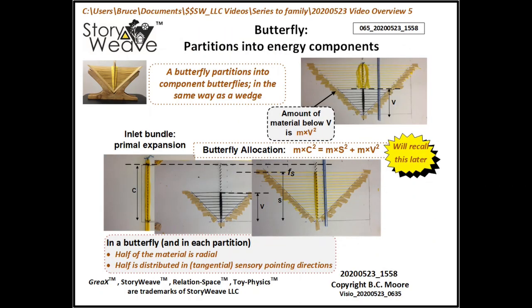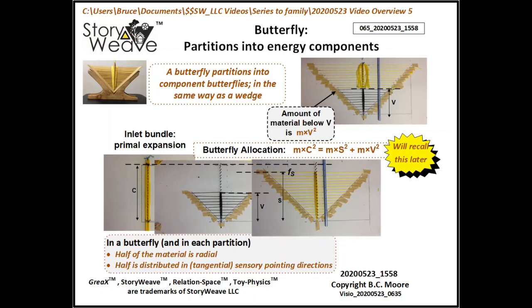Here in slide 65, we see that the beauty of the butterfly is enhanced by the fact that it partitions in the same way as the wedge. In the upper right corner, you see that we've selected a level labeled v, and that's going to correspond to velocity in the special relativity story. So below that level v, there are the black strings.